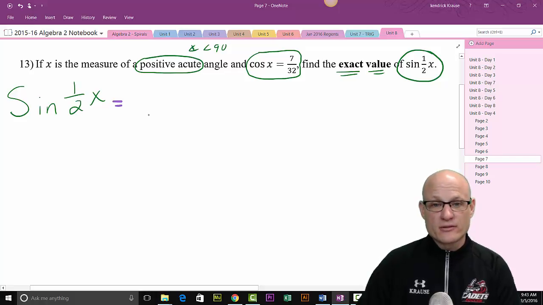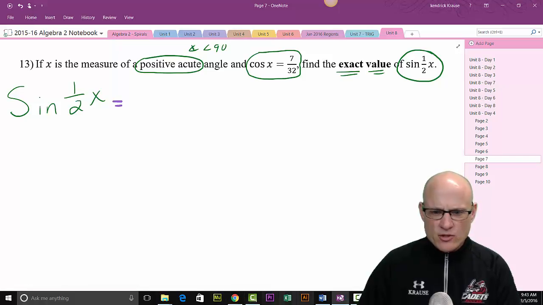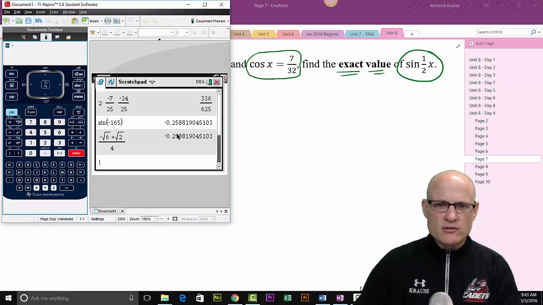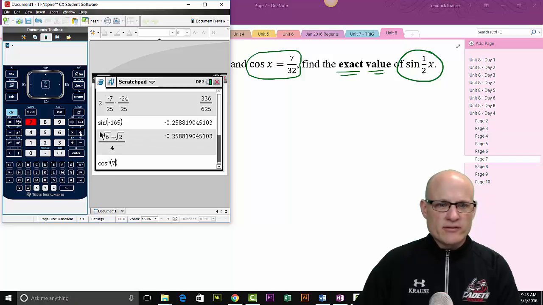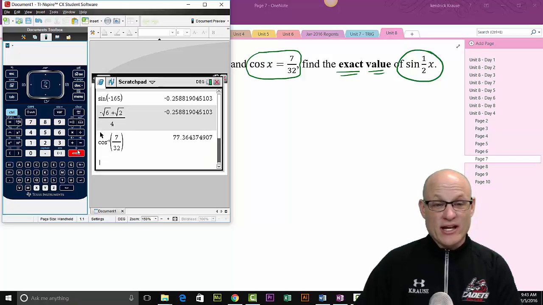I know what x is, or I can find x. Let's go to my calculator. You just bring the cosine over, so I can do inverse cosine of 7 divided by 32, and I get a 77-degree angle.